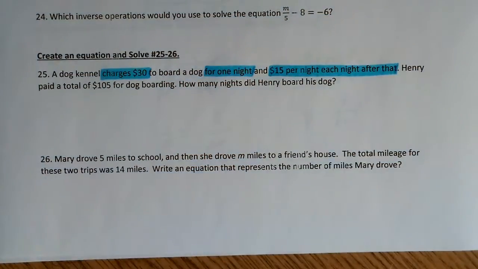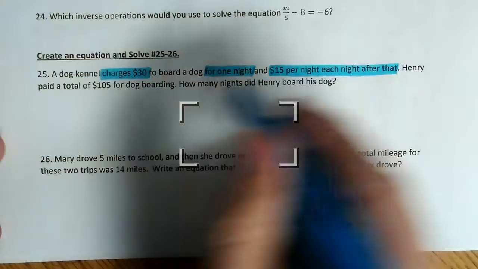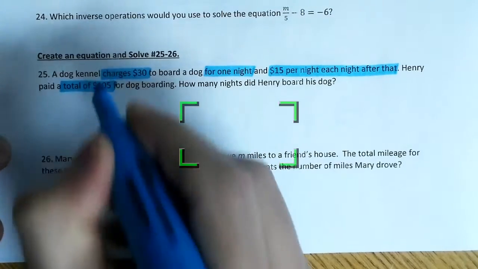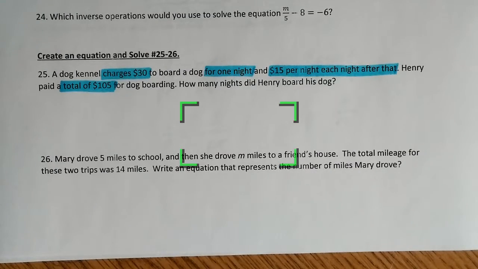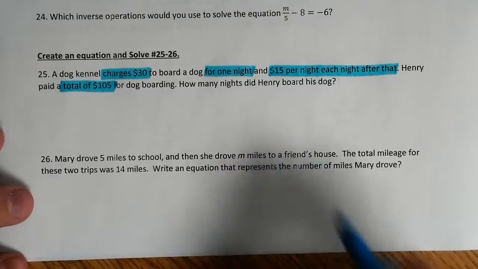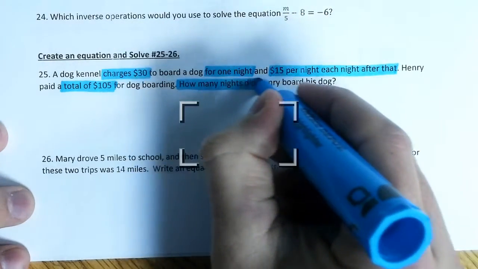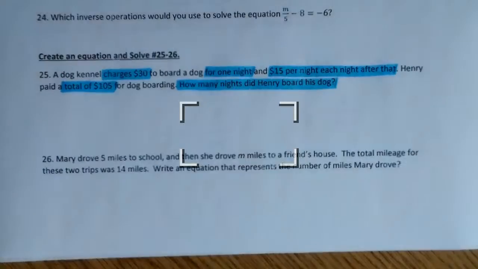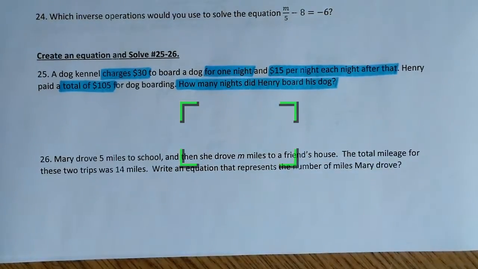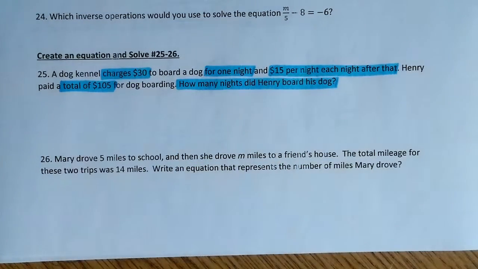Each night after that, correct? Very nice. So he paid a total of $105, right? And then what's the question asking? Yeah, how many nights did Henry board his dog? Good. Again, just some key information we want to highlight in this problem. Okay?